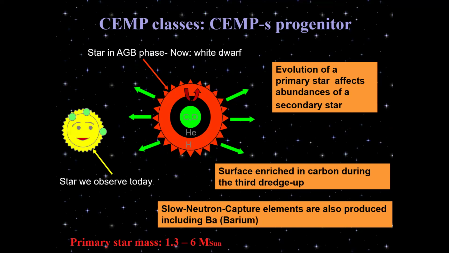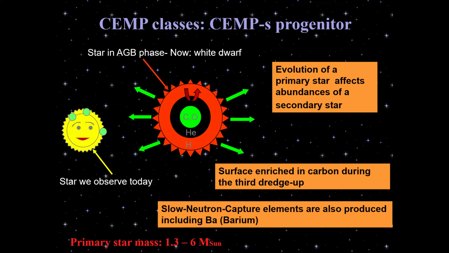For the CEMP-s progenitors, we are now almost confident that the star we observe today is in a binary system. The primary star has an intermediate mass, between these values here. During the AGB phase, many light elements get to the upper layers of the star during the third dredge-up.